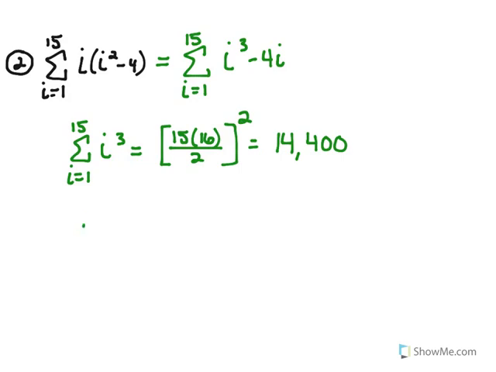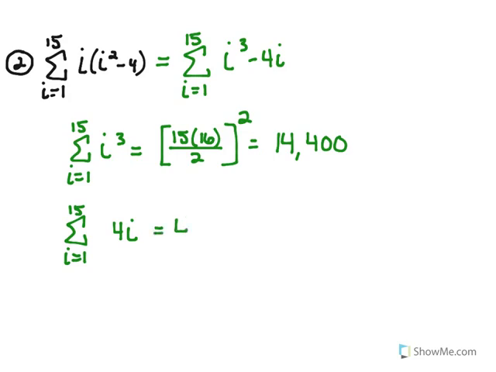The second part, summation from i equals 1 to 15 of negative 4i. Actually, you know what? We can ignore the negative for now. And just remember that we need to subtract our two answers. 4i.